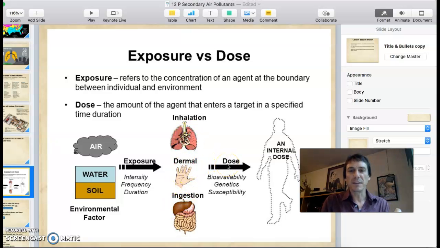And then dose is the bioavailability, the genetics, the susceptibility, all of that determines the dose. That means how much of it we can take in, our particular genetics that is prone to this kind of stuff or not, how susceptible we are, what our immune systems look like, all of this contributes to the dose.